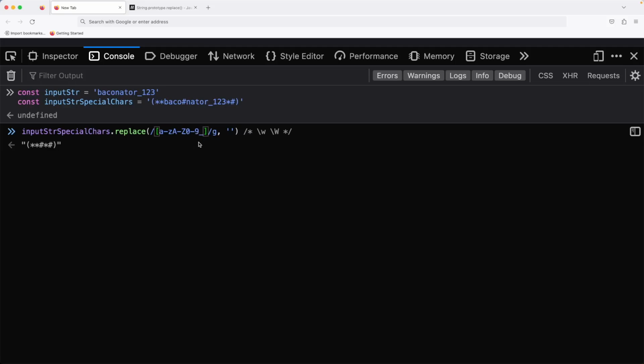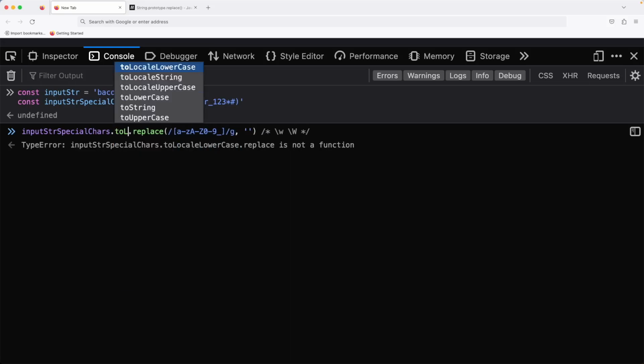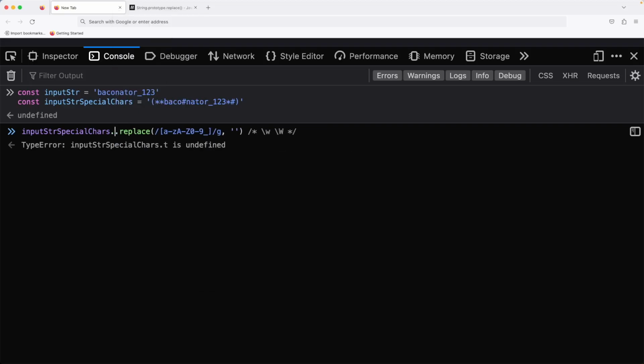And then again, the underscore is also considered a word character in the world of regular expression. Now, we would not need the capitals if we were to call toLowerCase here, or if we don't care about capitalization, we can specify the i modifier, like I said earlier.